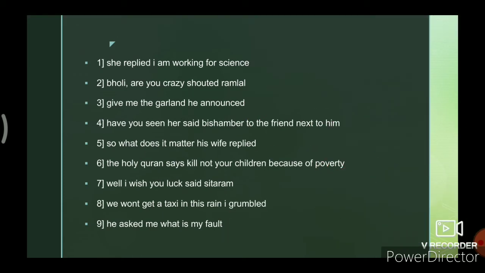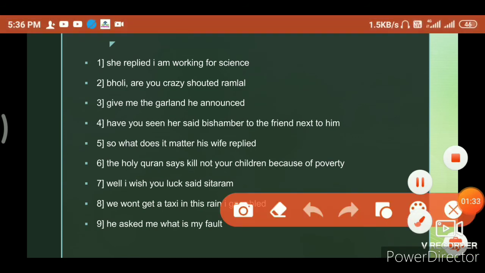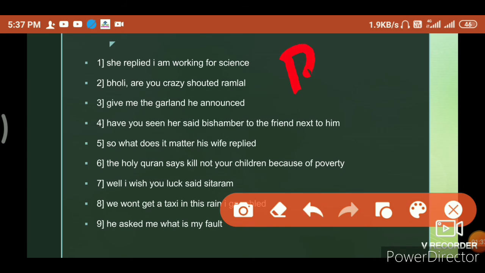Then now look at the second sentence. Boli, are you crazy? Shouted Ramlal. In this sentence also, Boli is a proper noun, and every proper noun starts with a capital letter. That's why you must use B in capital letter, comma, are you crazy?